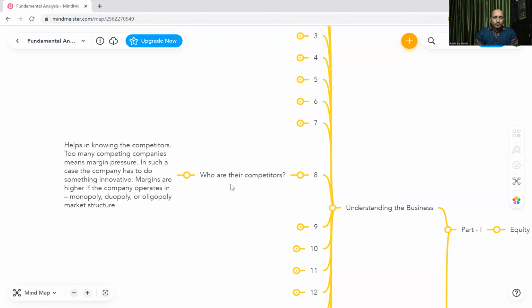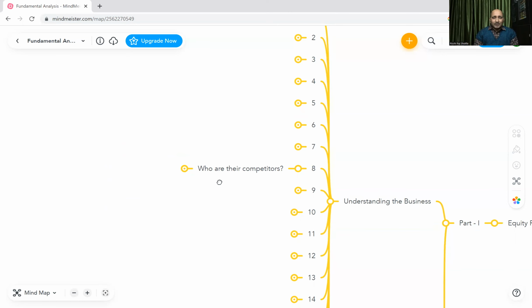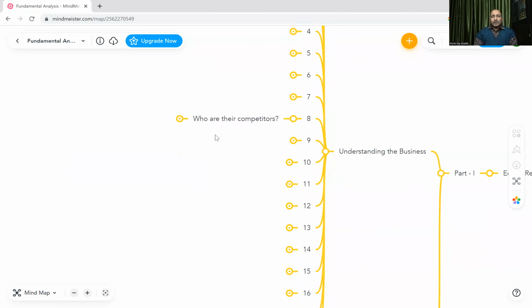Eighth point is who are their competitors. It is very important to understand and know their competitors, whether they will be able to keep their momentum in future or whether competitors will give a tough time to this company and it cannot grow as per likely positions.